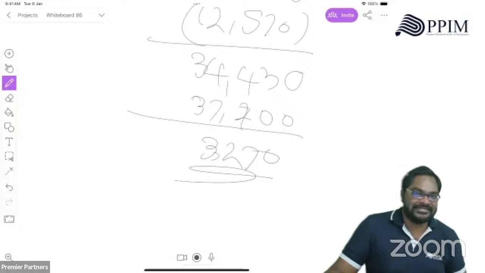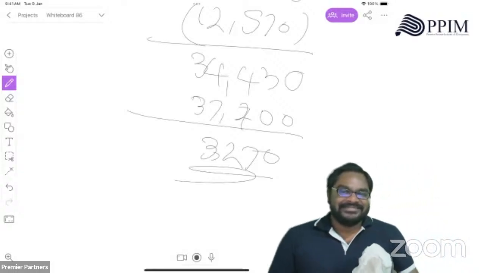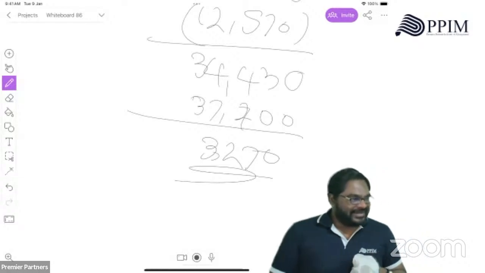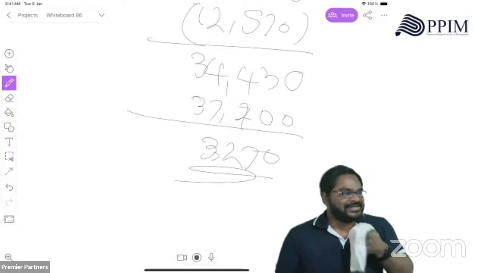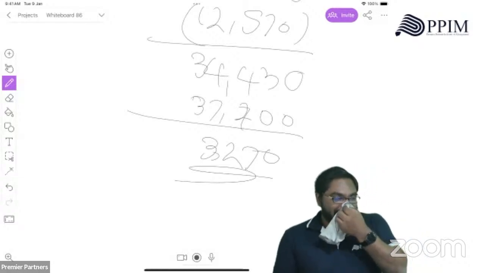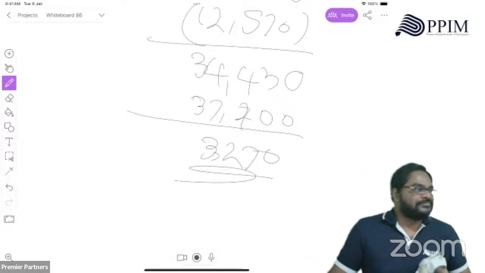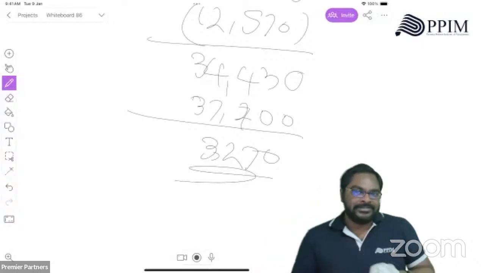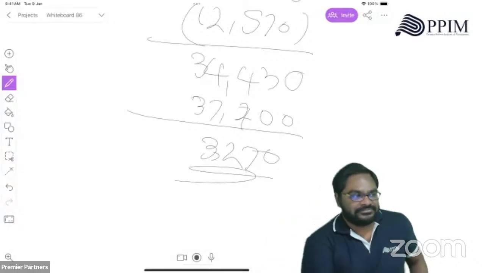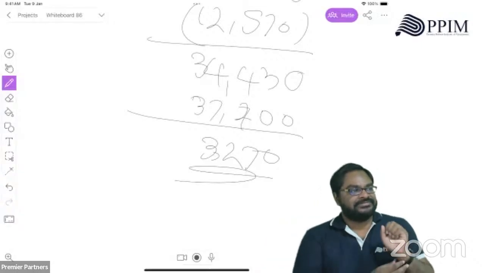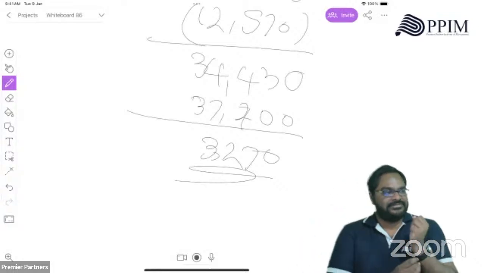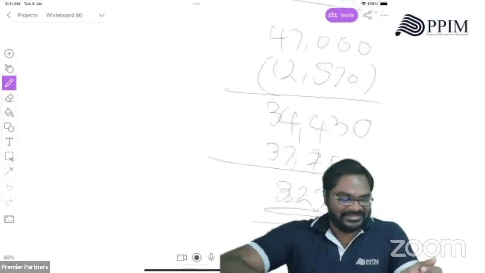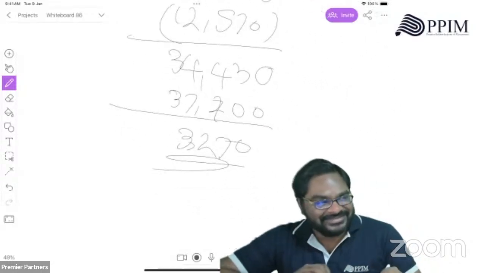Then the corporation tax rate is what? 10 and 20. Okay. Then this one, how much are we going to charge? Multiply by 10. So what's the gap? 327. So that is the answer for that part.